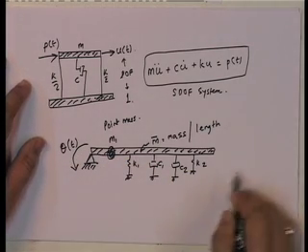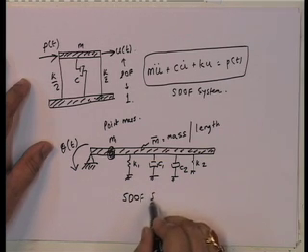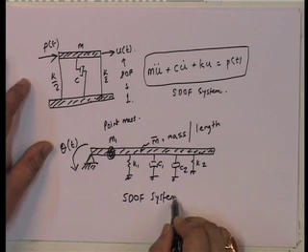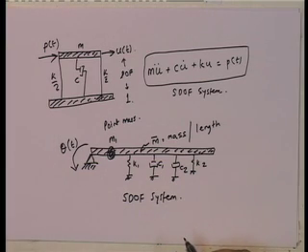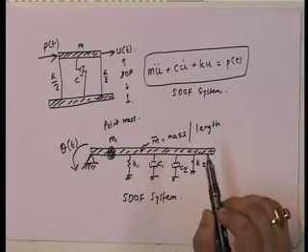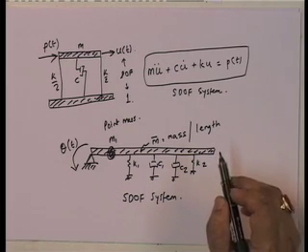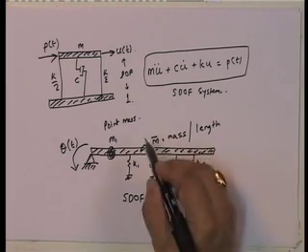So, this is still a single degree of freedom system, but the point here becomes that it is not obvious what my m, c and k and p are in this particular case. Okay.